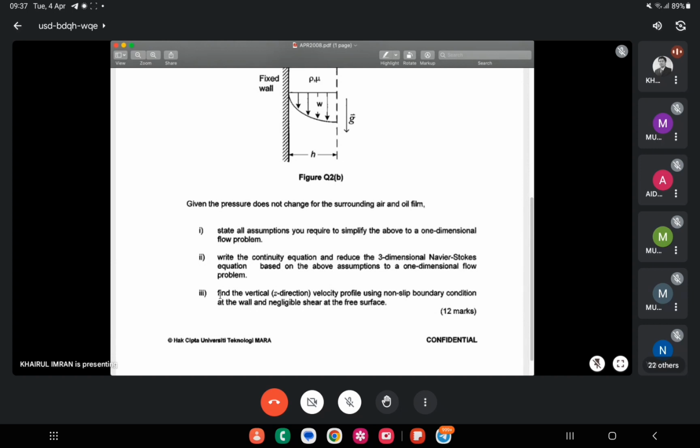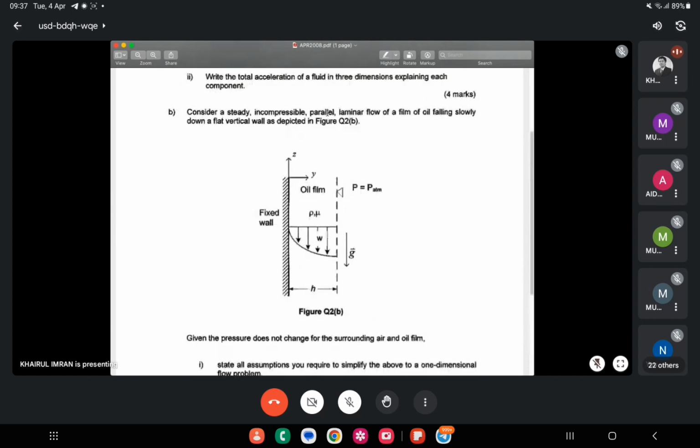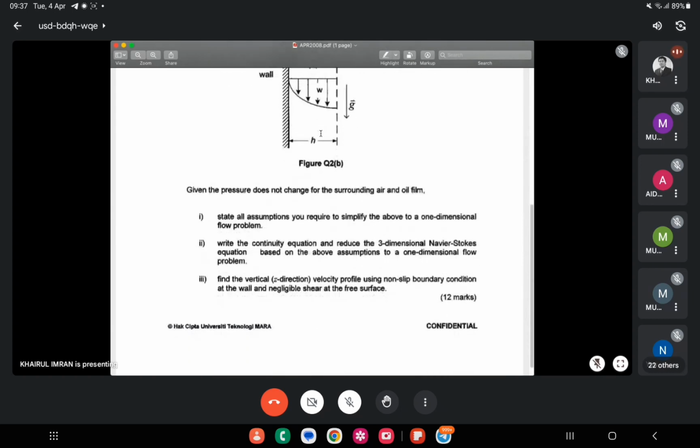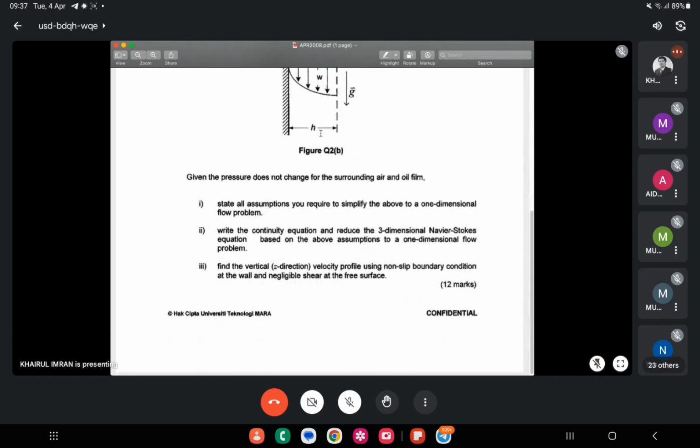Take a look at number 3. Find the vertical Z direction velocity profile. Okay, so it means they want an expression. Obvious because they don't put in any kind of value here. There is no mu value, no density value.